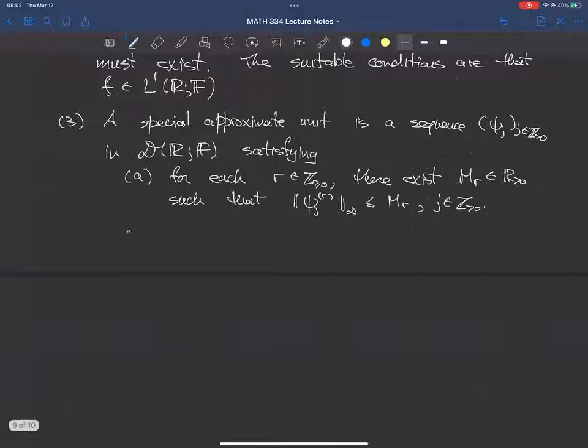And then the important condition here is that it converges to 1, and it converges to 1 in a very strong way.